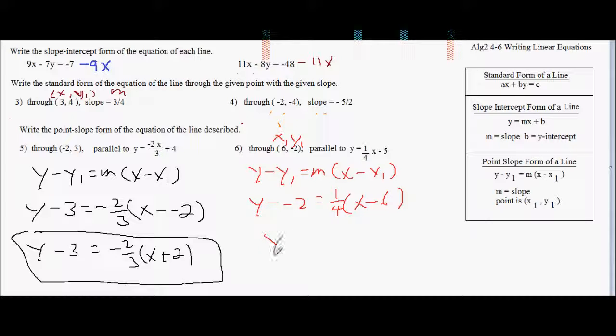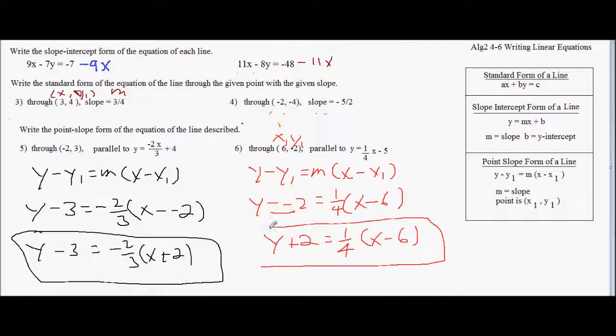And so this would be y plus 2, two minuses make a plus, equals 1/4 times x minus 6. And that's it. I don't have to make a standard form or anything. They want this point slope form. Well, that's it. That's point slope form. Done.